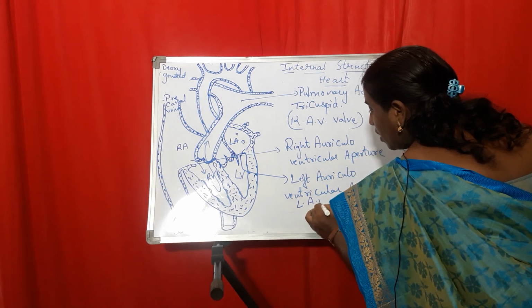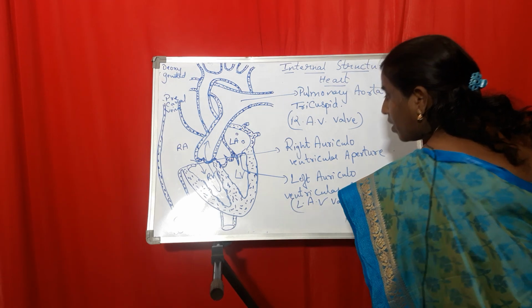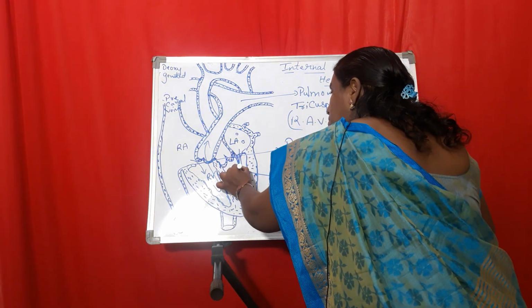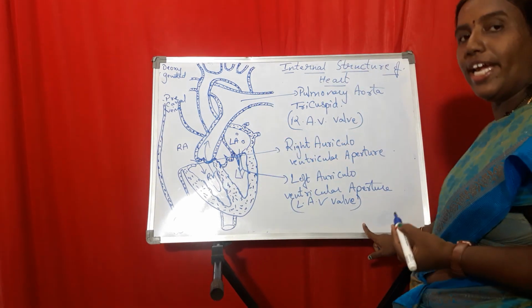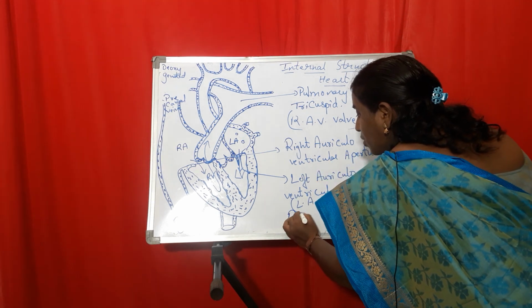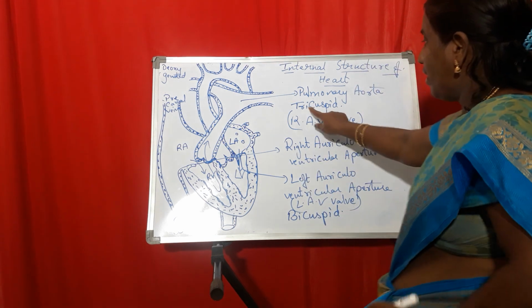There is a valve, the left auriculo-ventricular valve. This valve helps the flow of blood only in one direction. Here the valve present is the bicuspid valve.